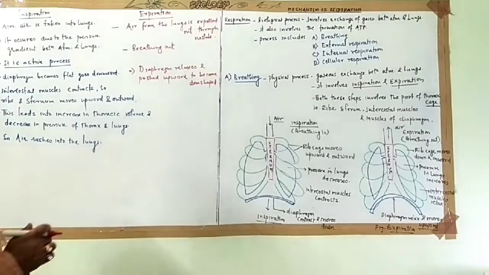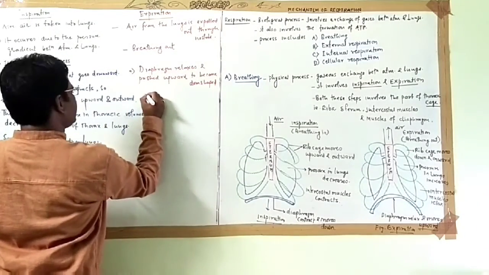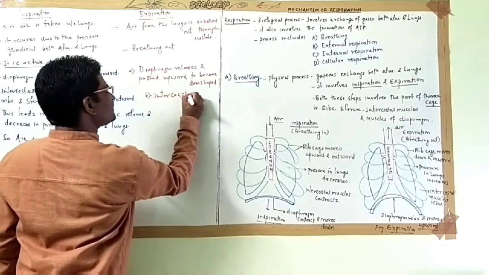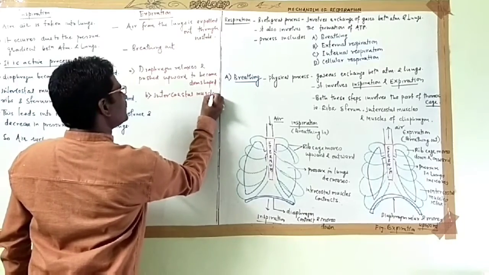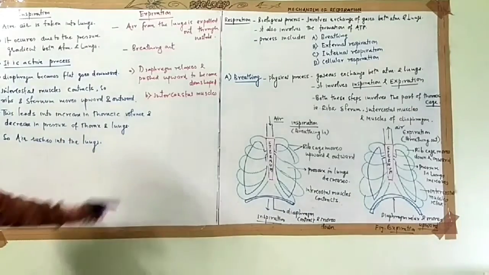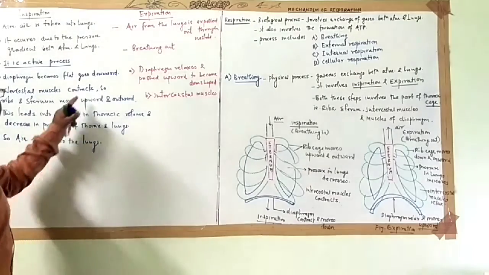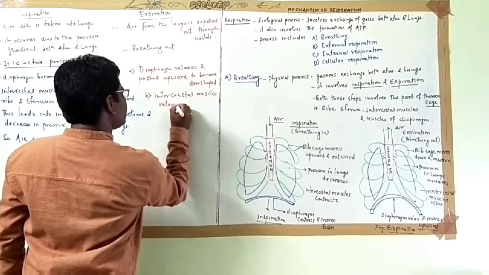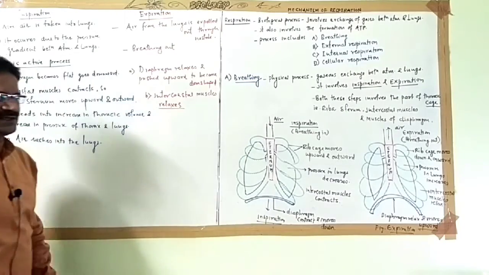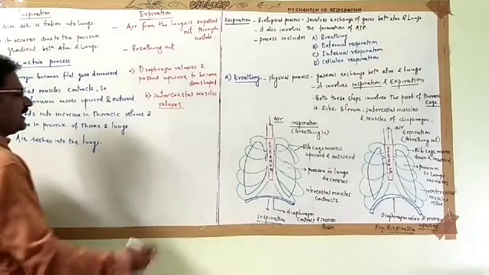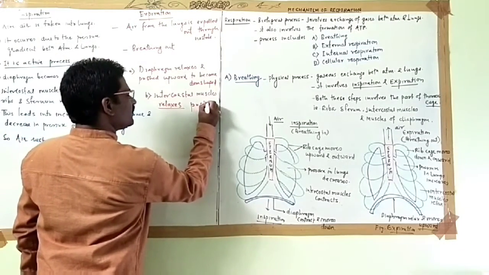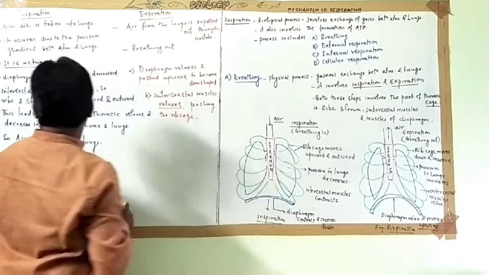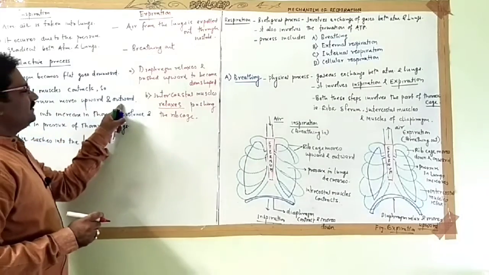ठीक आहे. Second one, that is intercostal muscles. Intercostal muscles become relaxed, pushing the rib cage. Here it was upward and outward.